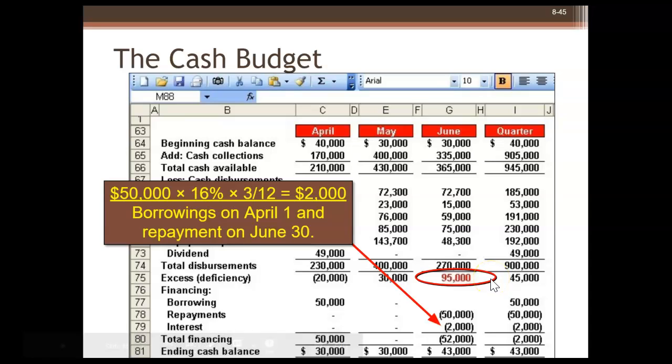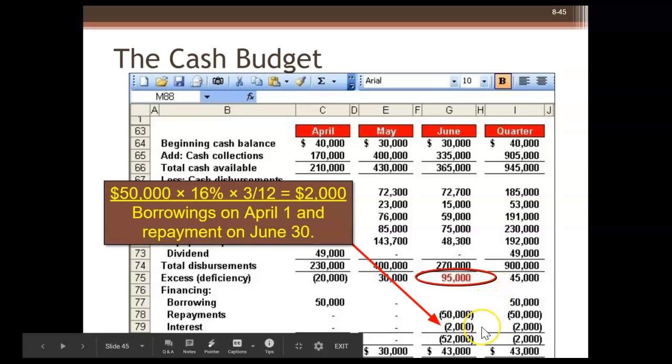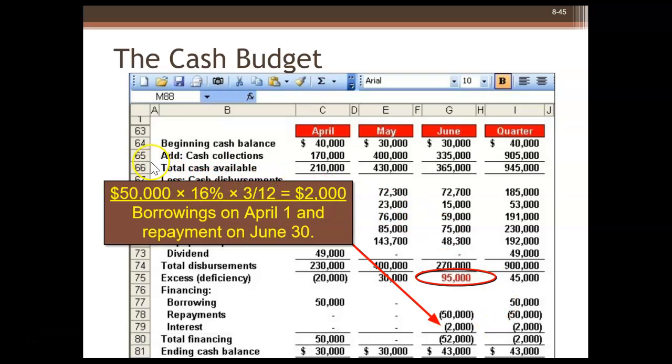But wait, we also have to pay interest. We want to make sure we have enough money not just to pay back the principal, but also to pay back the interest. To calculate the interest, you take the amount that you borrowed, the $50,000, times the rate, which is 16%, which is an annual amount. And since it was for 3 months out of the year, so 3 out of 12, you multiply that by 1/4, 3/12, 25%, all the same thing.